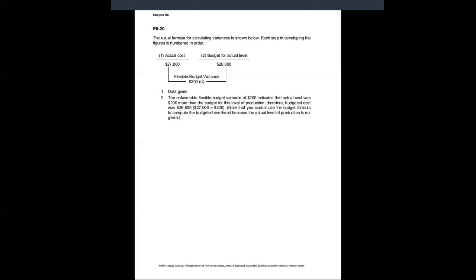It indicates that the actual cost was more than the budget for this level of production. Therefore, the budgeted cost was 26,800, the difference between 27,000 and 200. Note that you cannot use the budget formula to compute the budgeted overhead because the actual level of production is not given.